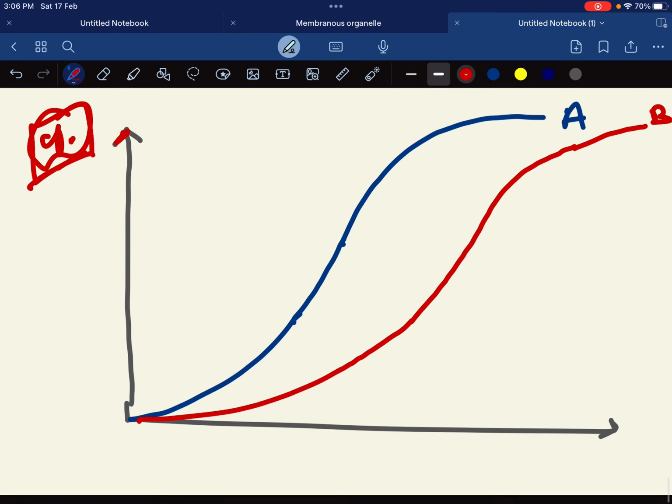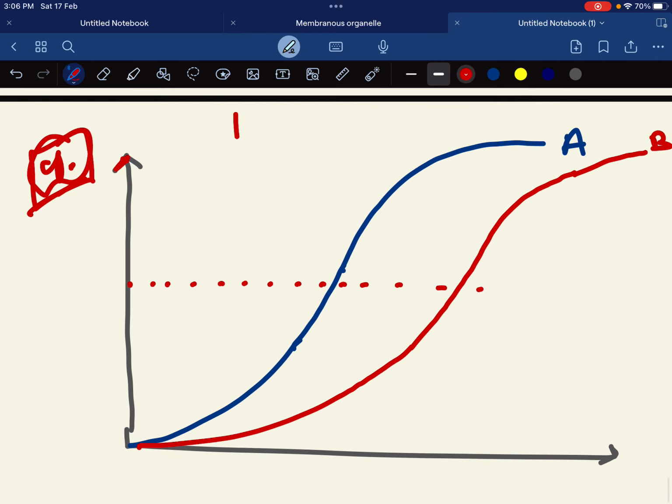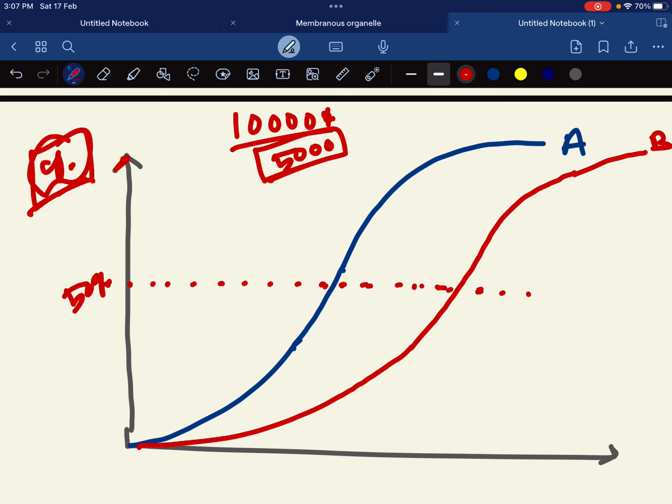Suppose you want to consider 50% of the population. Suppose you have given the drug to about 10,000 people. Now you want to see at which concentration 50%, that means 5,000 of the people, will show the response.